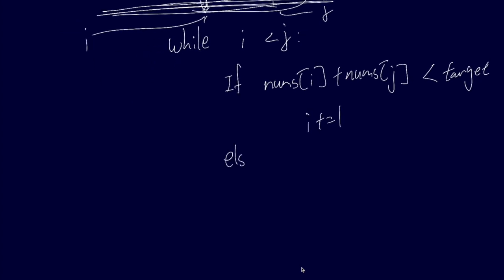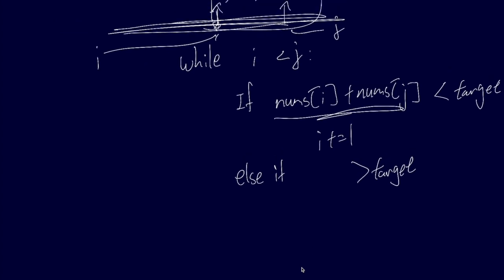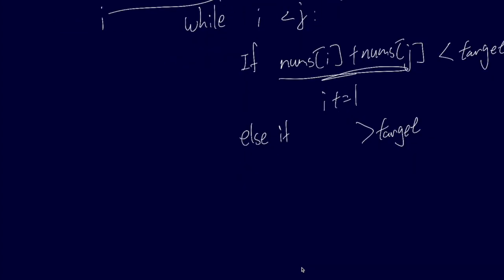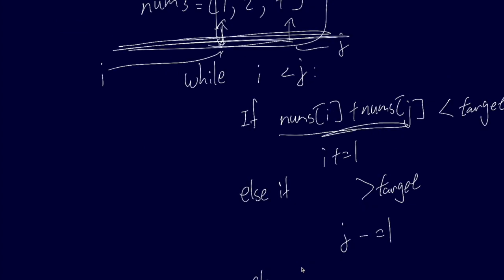Else if the sum of these two pointers is greater than target, we're looking for a lower number, so we need to move the second pointer to the left. Else we have found a solution in the searching range.